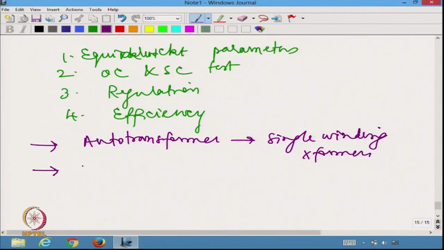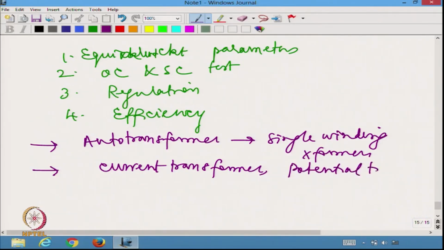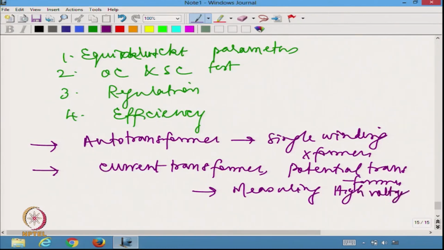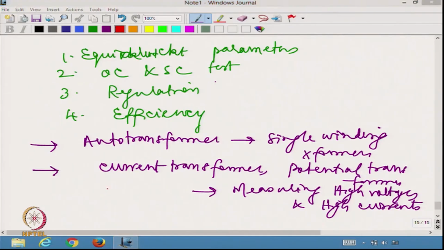Then we will also be looking at the current transformer and potential transformer, which we would use basically for measuring voltages and currents. Generally they are used in instrumentation, so sometimes they are also known as instrument transformers.